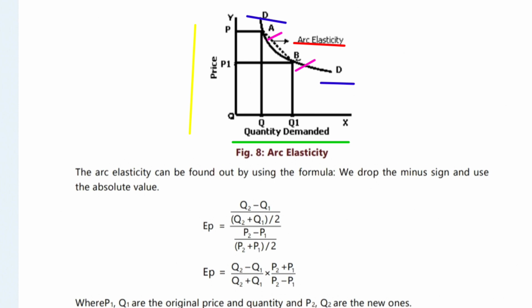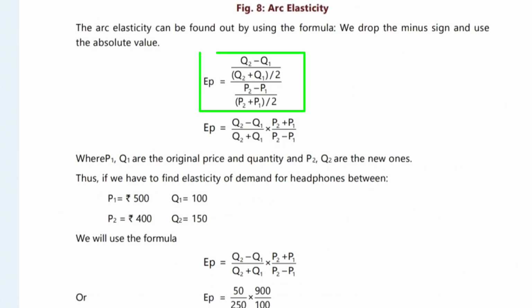Hence the formula becomes EP is equal to Q2 minus Q1. Let me first explain what P1, Q1 and P2, Q2 are. P1 is the original price, Q1 is the original quantity, whereas P2 is the new price and Q2 is the new quantity.